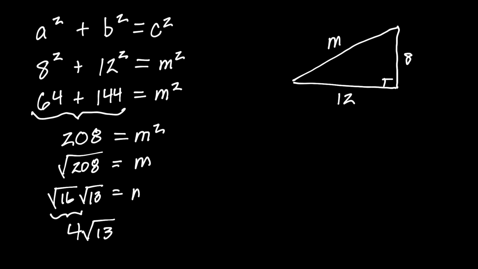So this is all equal to m. And if we wanted to simplify that, we could type it in a calculator. 4 times the square root of 13 is 14.4. So however many units that is, inches, centimeters, something. So the final answer here is, let me do a box around this for us.